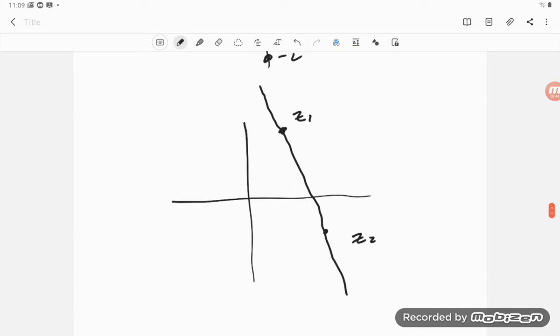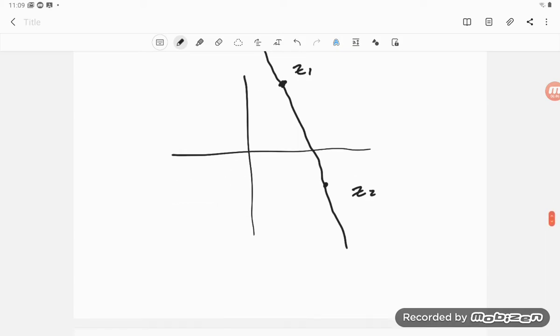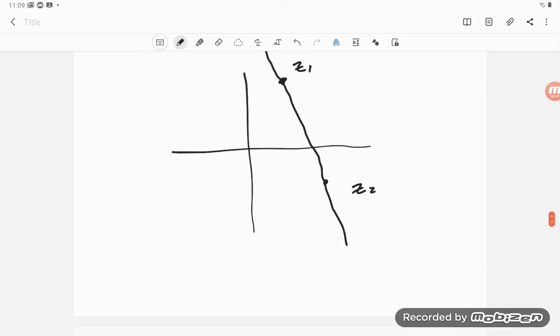Well, what you use is what looks kind of like a convex combination of things. So say I wanted to start at Z1 and end at Z2 and just do that much of the line. Well, what I could do is parameterize it and say (1 minus t) times Z1 plus t times Z2.